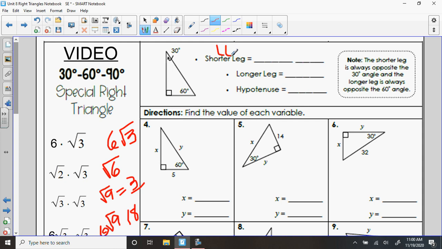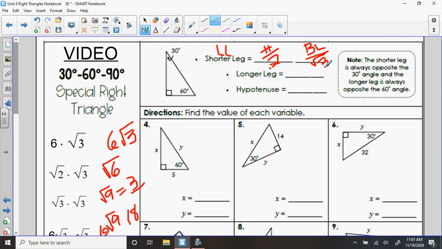So there are 2 ways to get the short leg. The short leg can be found by taking half of the hypo, so whatever the hypo is divided by 2. Or take your big leg or long leg divided by radical 3.